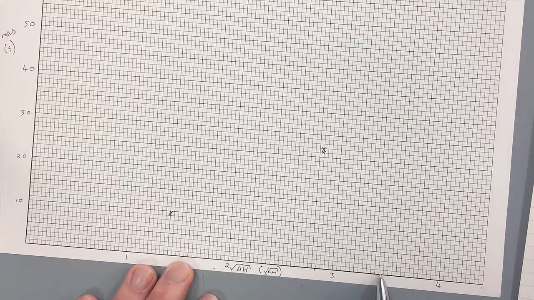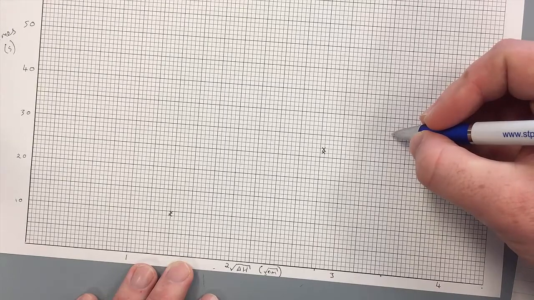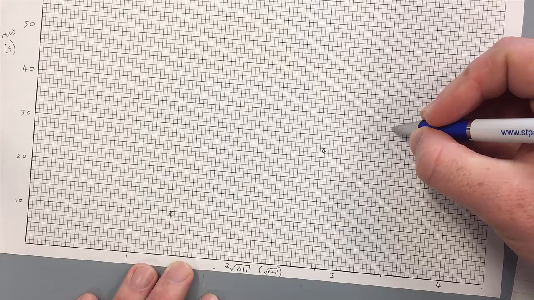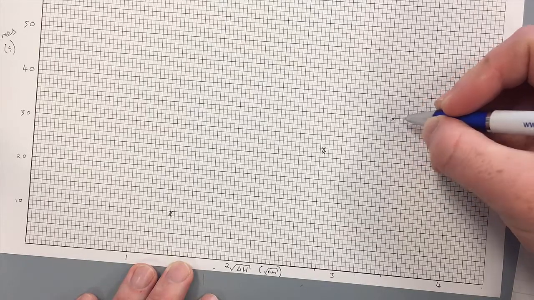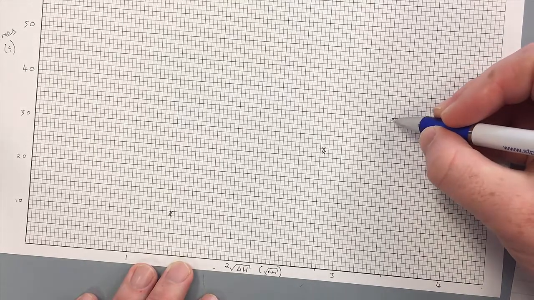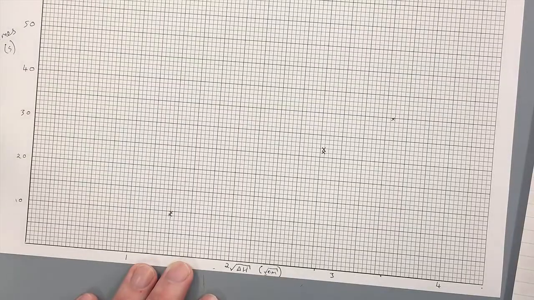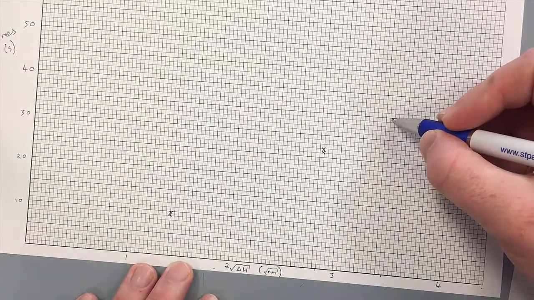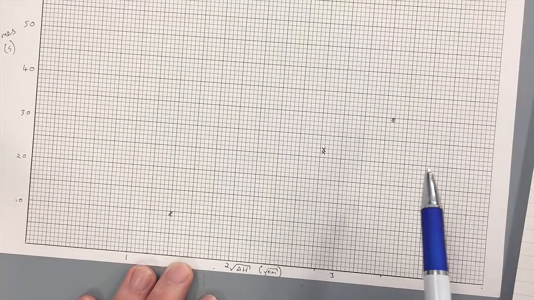So it's halfway between these two little lines here. 34.65 takes us about here. And then 34.72, so pretty much in the same place. And then 34.37, I can come down a little bit lower for that one. But you can see that these points are really close together.